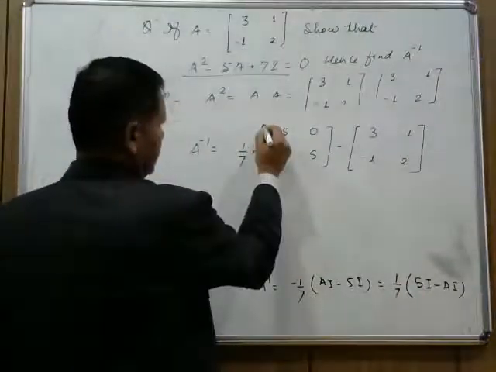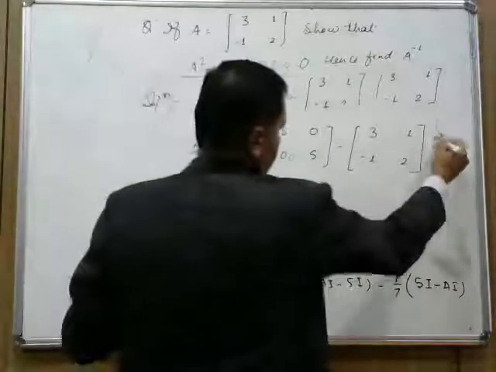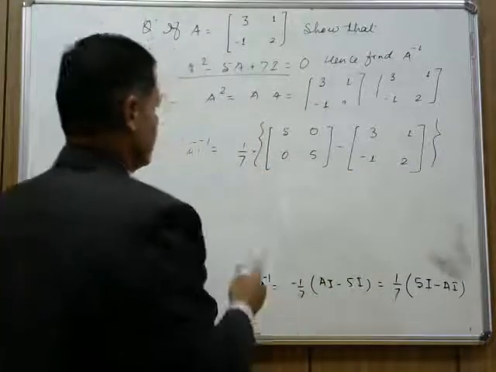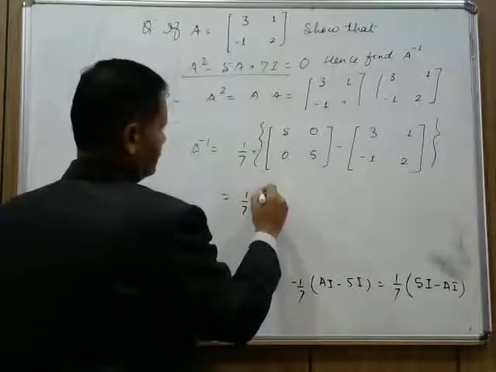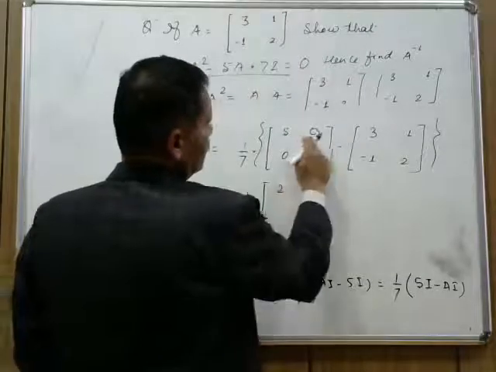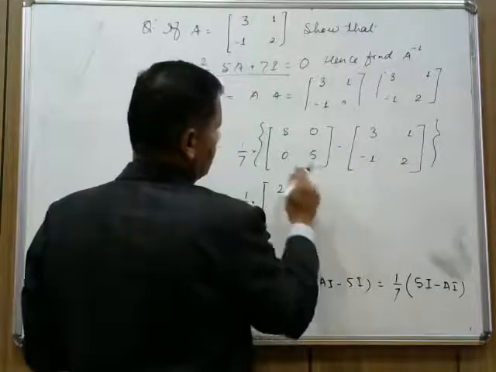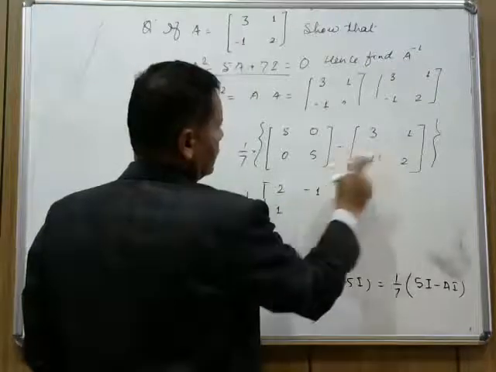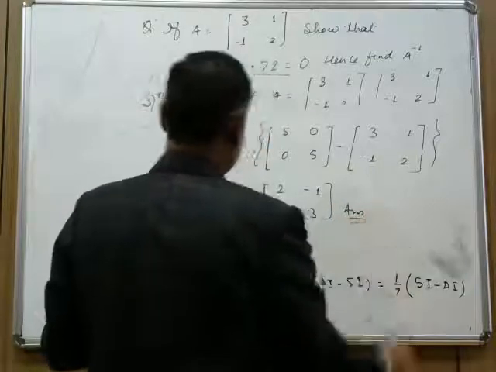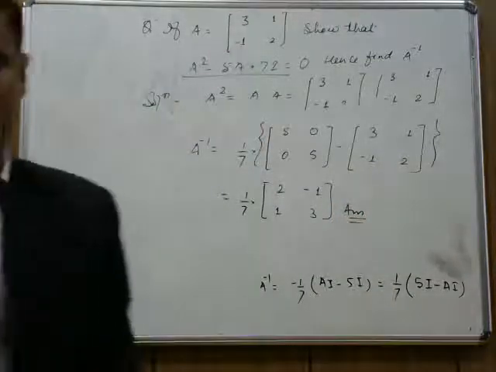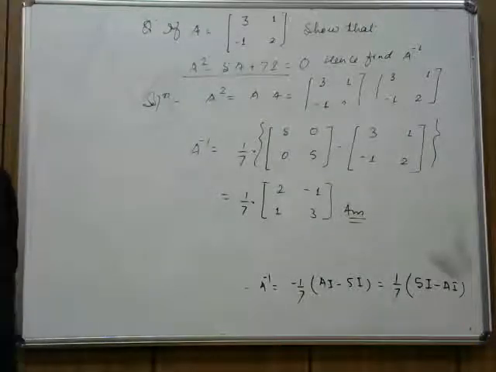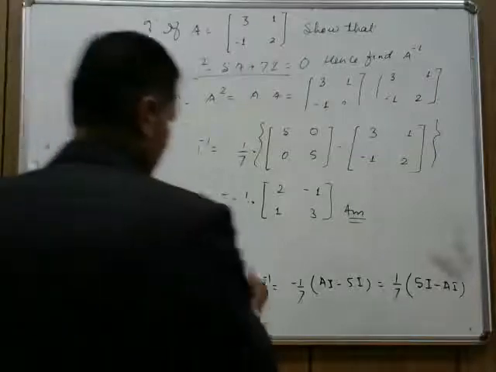And this is the question now: 1 by 7 into 5I minus AI. This will give 1 by 7 into the matrix 5 minus 3, 0 minus 1, 0 plus 1, 5 minus 2, which is 2, minus 1, 1, 3. So A inverse is equal to 1 by 7 of 2 minus 1 1 and 3, and this is the answer of A inverse.